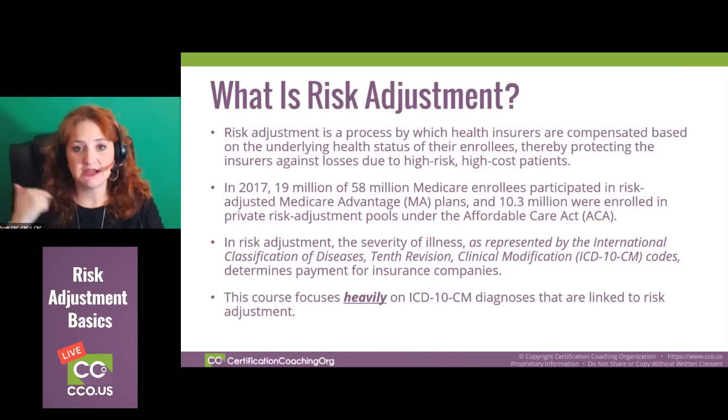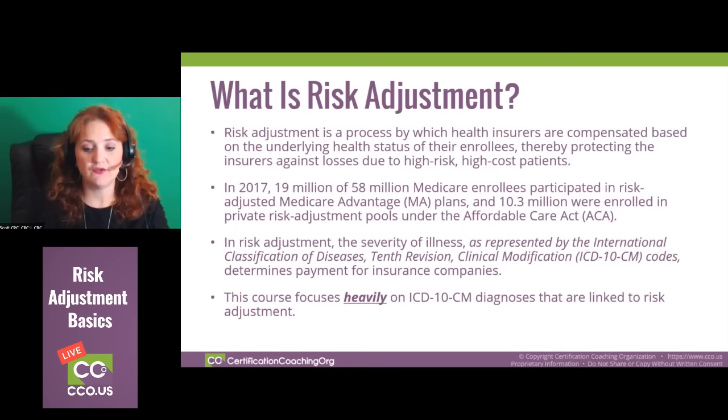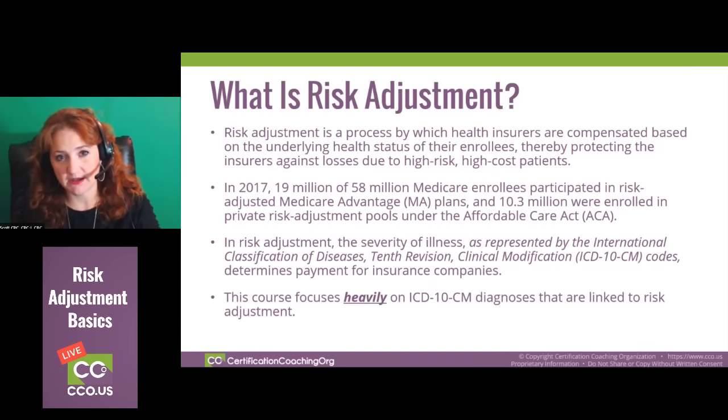You're not getting paid because they have cerumen in their ears. They're being reimbursed because of what they do to remove the cerumen, right? And if I'm going to do an appendectomy, I get paid for an appendectomy, but I get paid differently for a laparoscopic appendectomy versus an open appendectomy, right?